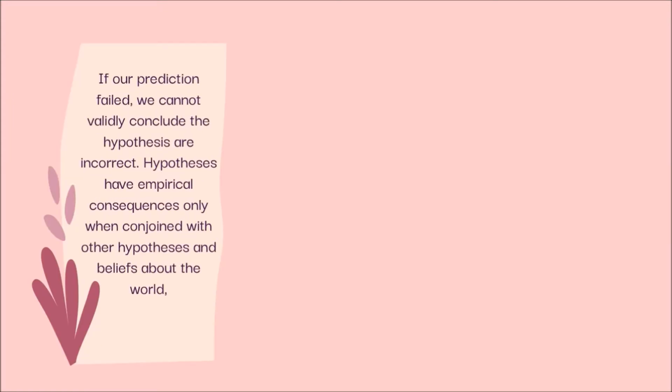In other words, if our prediction fails, we cannot validly conclude that the hypothesis is incorrect. This is because hypotheses have empirical consequences only when conjoined with other hypotheses and beliefs about the world.